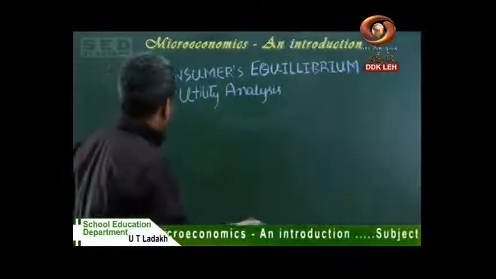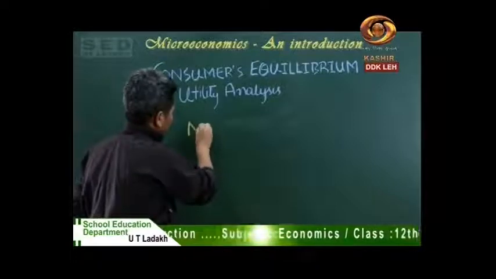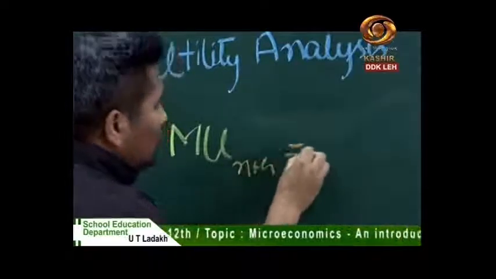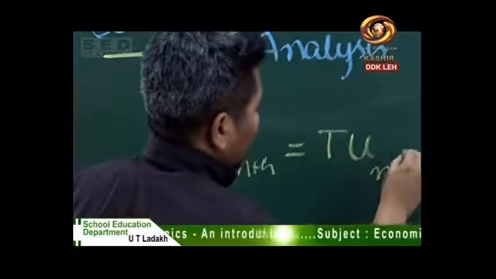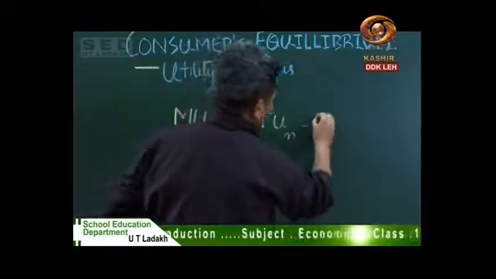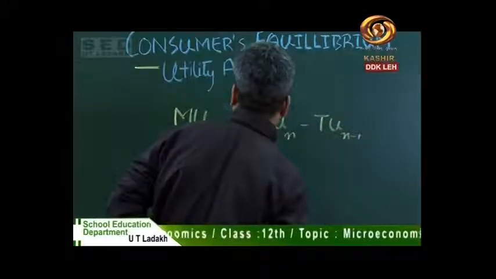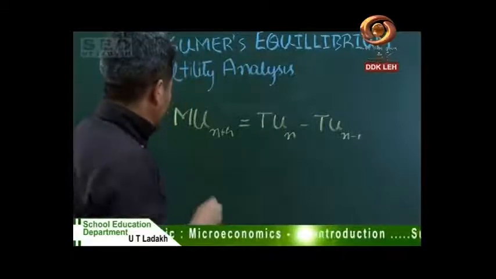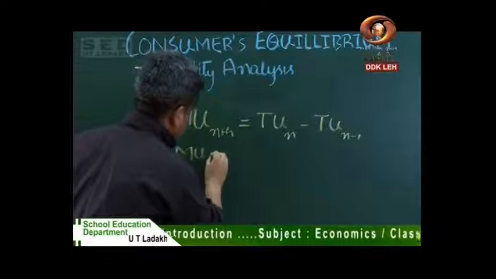Now the formula for marginal utility is, for example, marginal utility of the nth unit will be equal to total utility of n units minus total utility of n minus 1 units. Earlier we derived the marginal utility of the 11th unit, right?